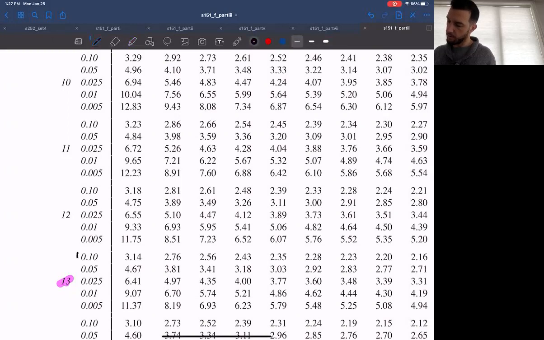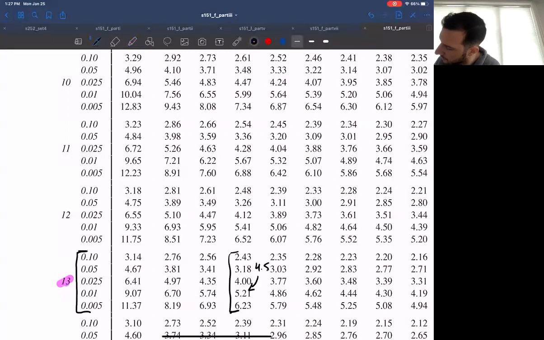So we're going to work with this block of numbers here. Our F value is 4.5, so we are going to sit here between 4.00 and 5.21. That means that our area is going to be between 0.025 and 0.01.